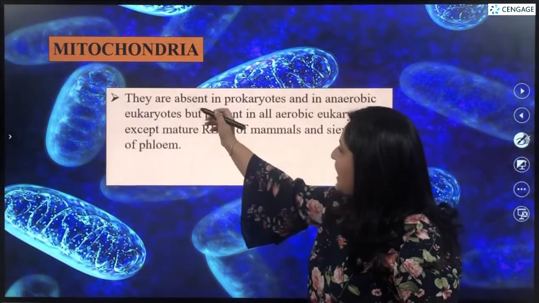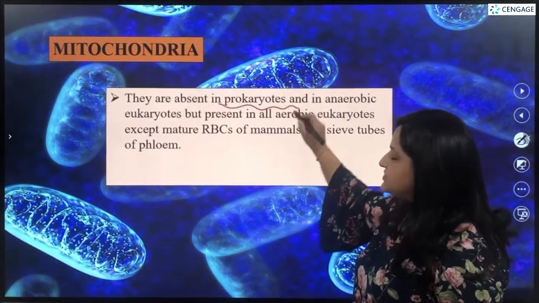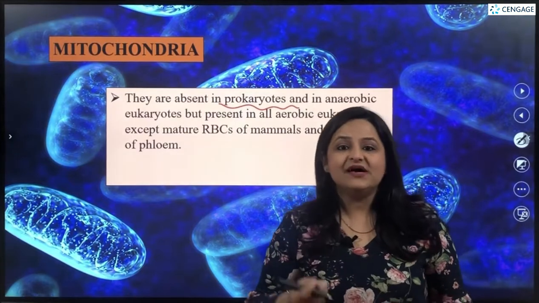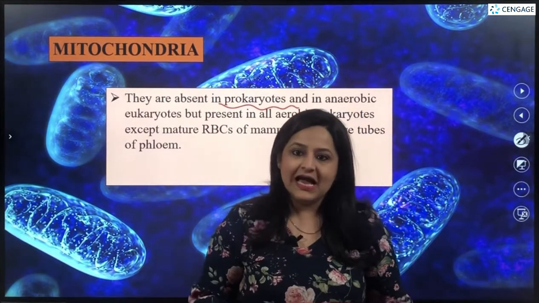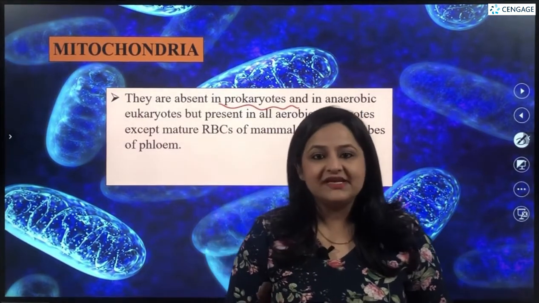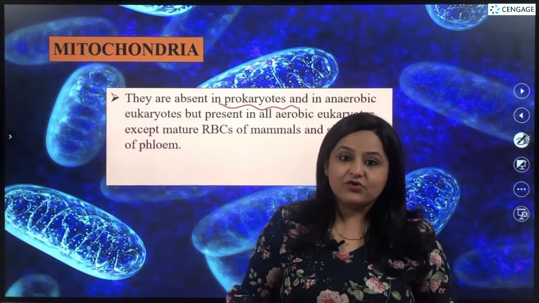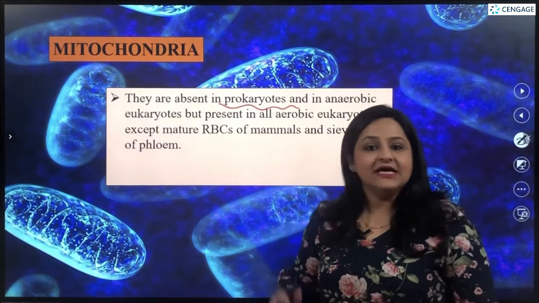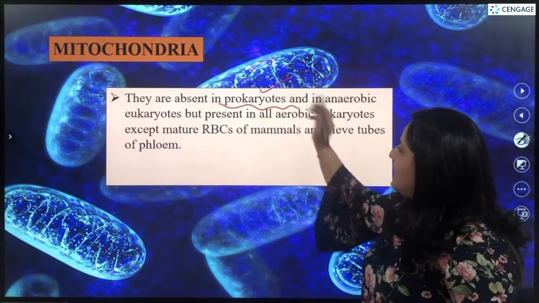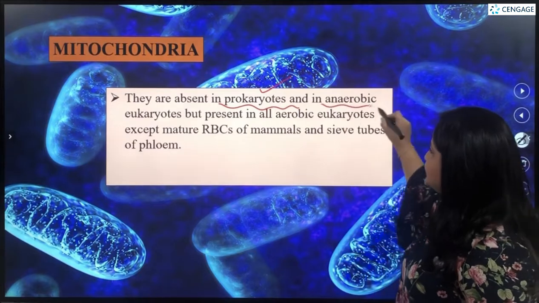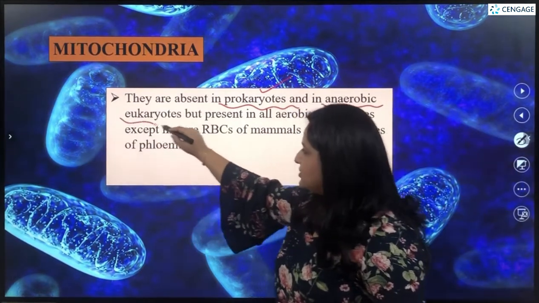Then, these structures are absent in prokaryotic organisms, obviously, because these are membrane bound organelles, and membrane bound organelles are not seen in prokaryotic cells. So, mitochondria will not be present in any prokaryotic cell, as well as they are absent in anaerobic eukaryotes.